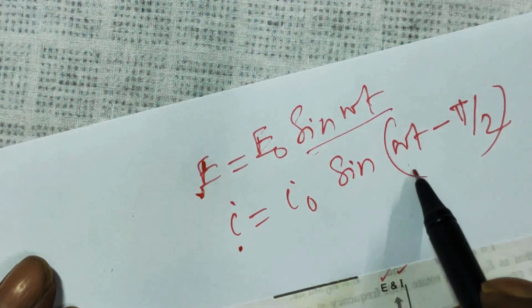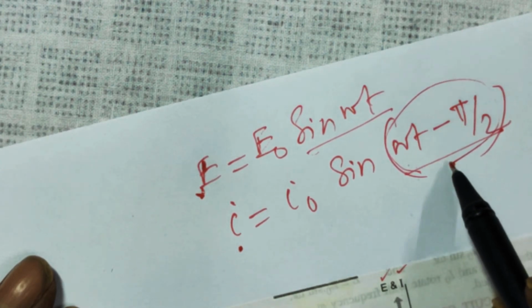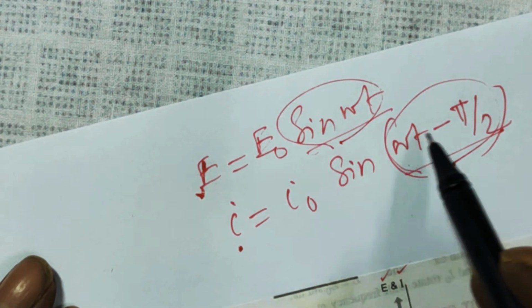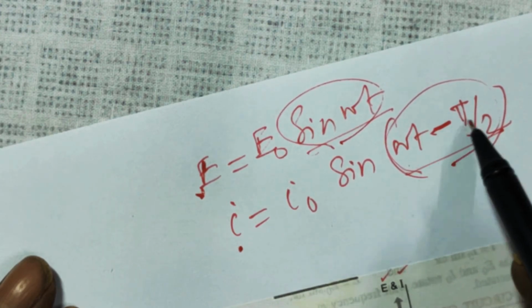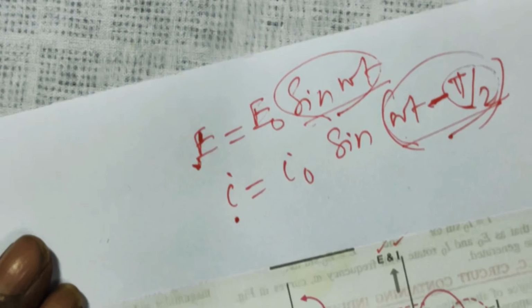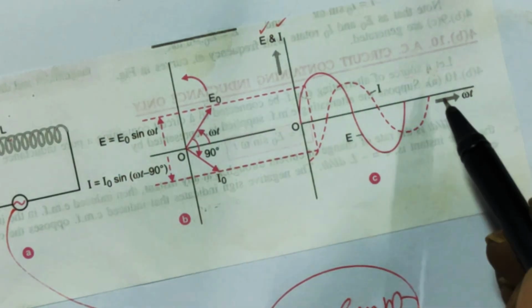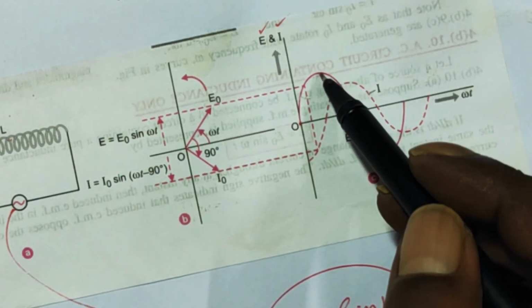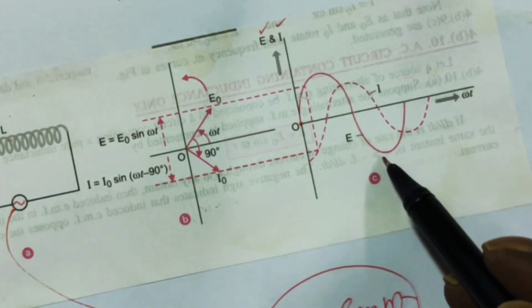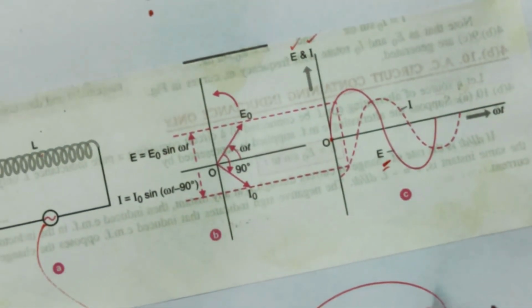If you look at this function and this function, this is less than this by pi by 2. I should not say less, it is lagging behind, because this is an angle. So here, this red line stands for the EMF, this dotted line stands for the current.